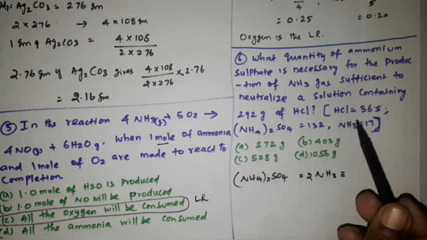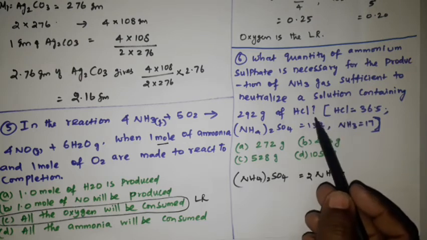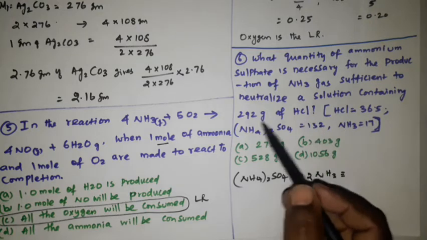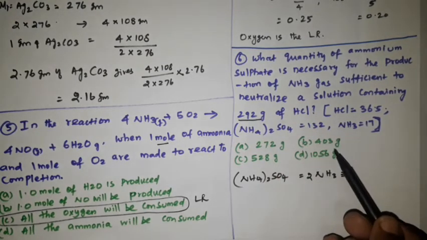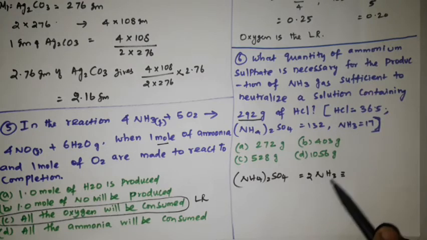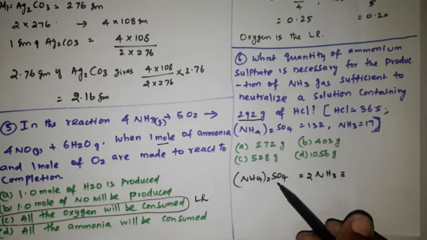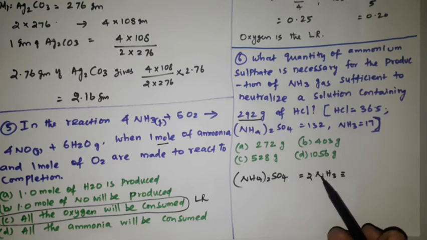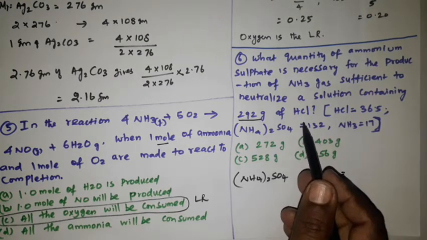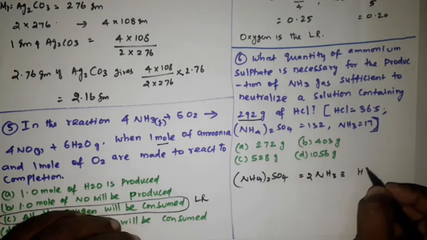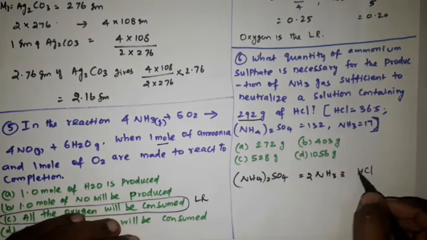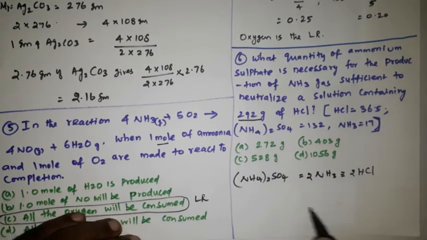So you are going to neutralize the solution which contains 292 grams of HCl. For that you are taking ammonium sulfate. First you are producing ammonia, then this ammonia will be used to neutralize HCl. When it neutralizes, it also requires 2 moles.